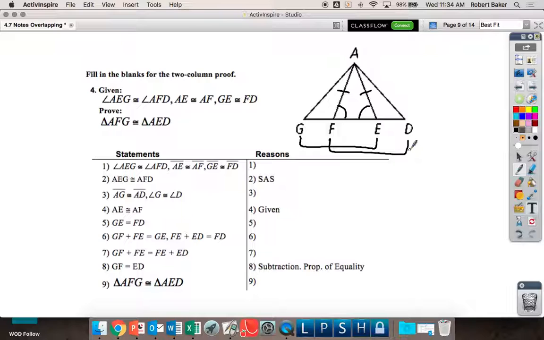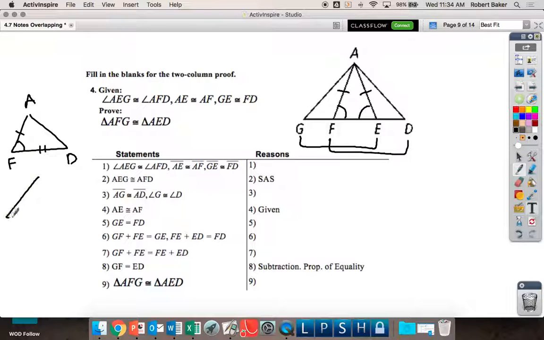If you were to separate and redraw the two triangles I just described, it might be a little more clear. So if I drew AFD, I have right now that AF is marked, angle AFD is marked, and side FD is marked.